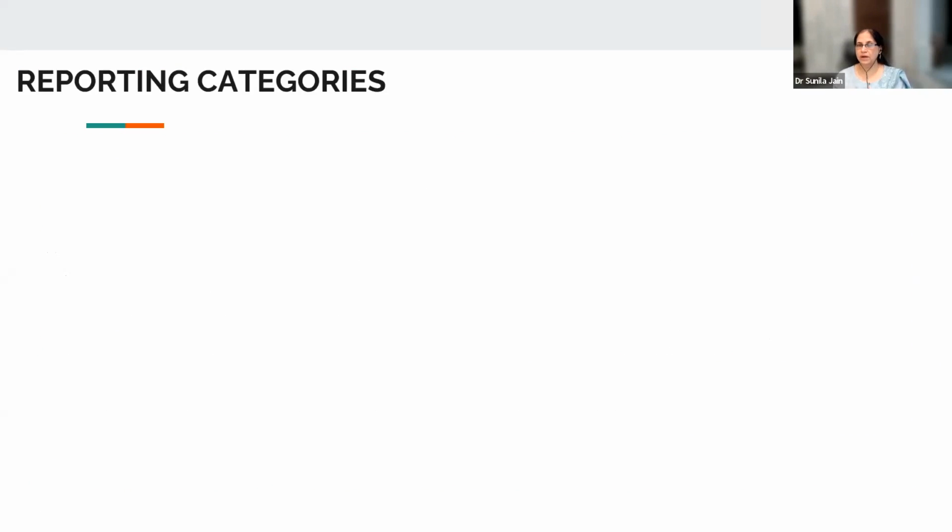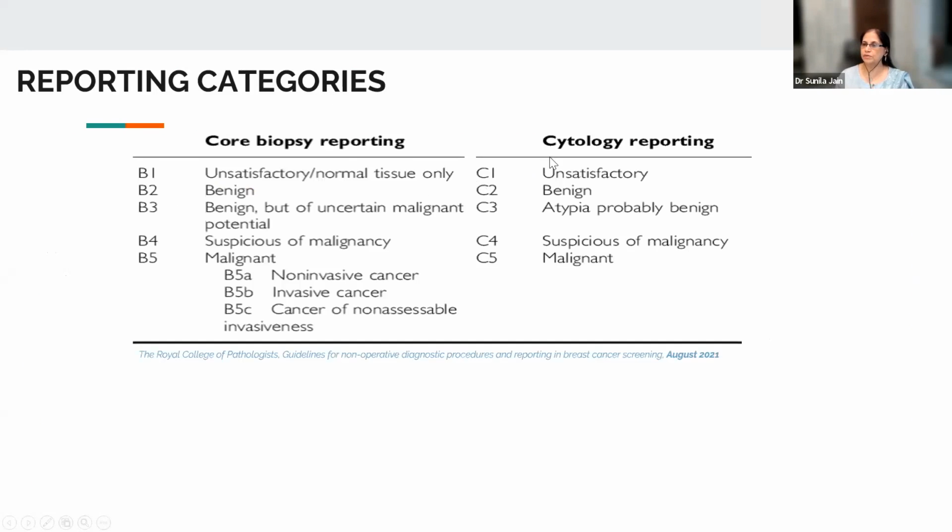Coming to the reporting categories, these are basically recommended by the UK guidelines, and they correspond to the cytology reporting. As we have already discussed, there are 5 categories. B1 and B2 mainly indicate that the lesion is benign.